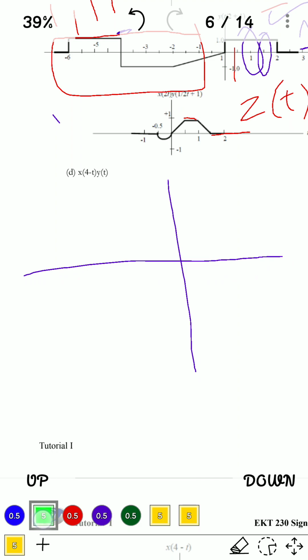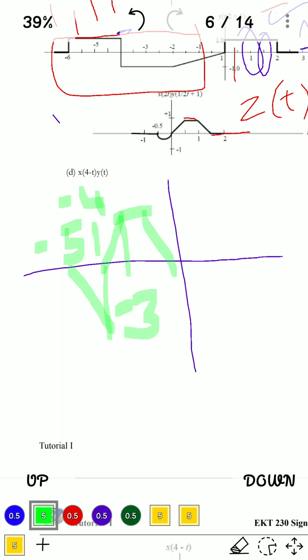My resultant starts from 5, 4, and this is 3, 2, 1. So this is minus 5, this one is minus 4, this line is minus 3, this line is minus 2, and this is minus 1.